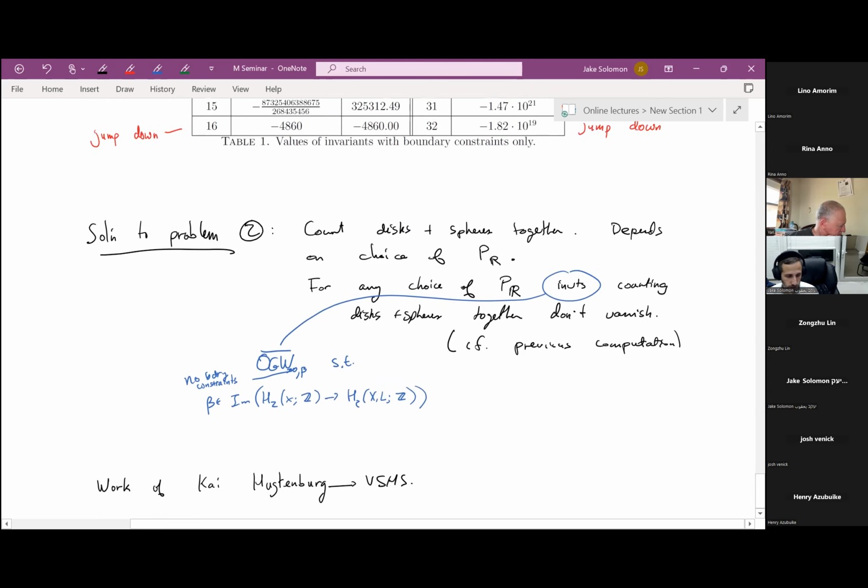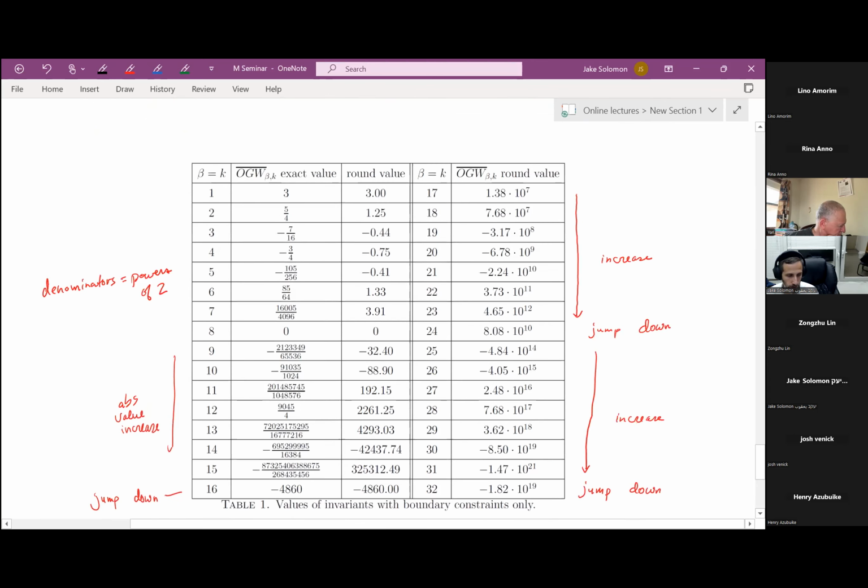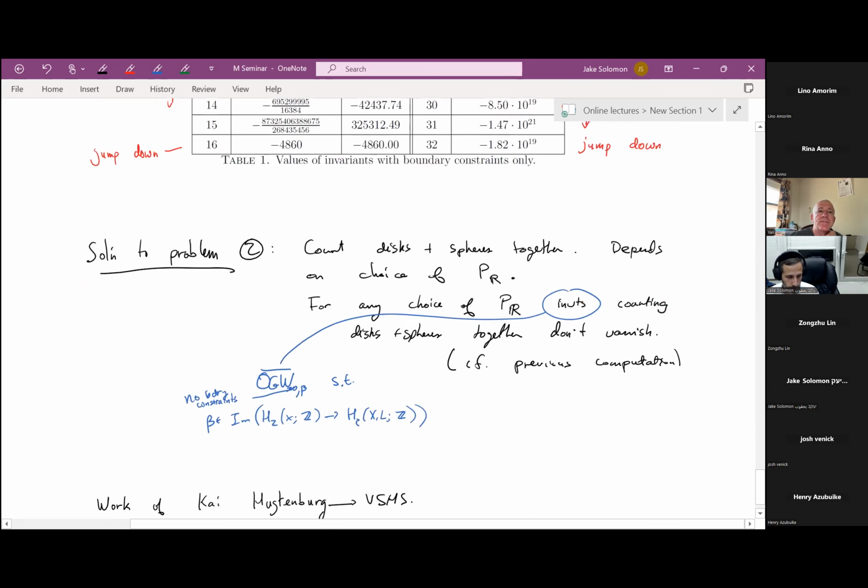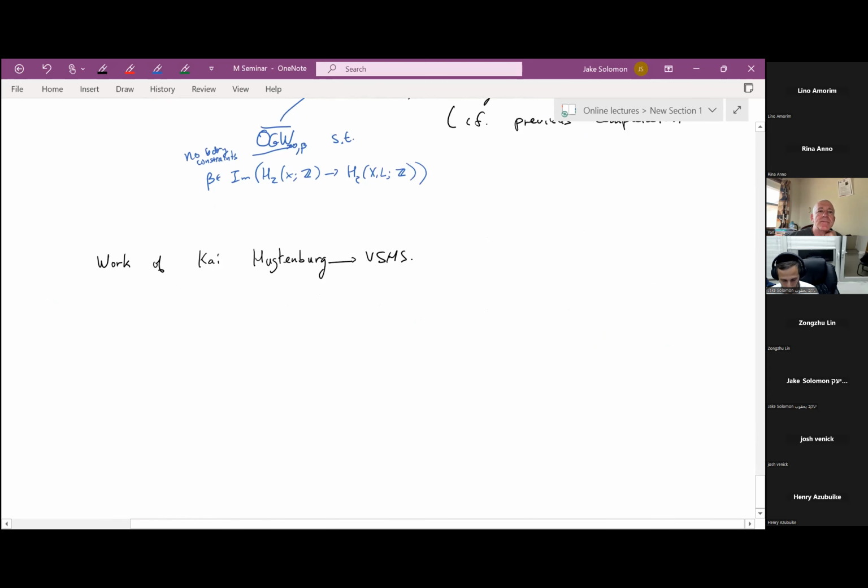I guess I should say that with one of the authors, Sela, we're working on getting these invariants out of this matrix factorization.